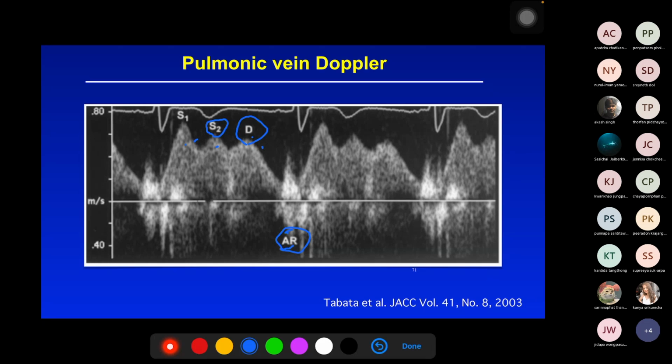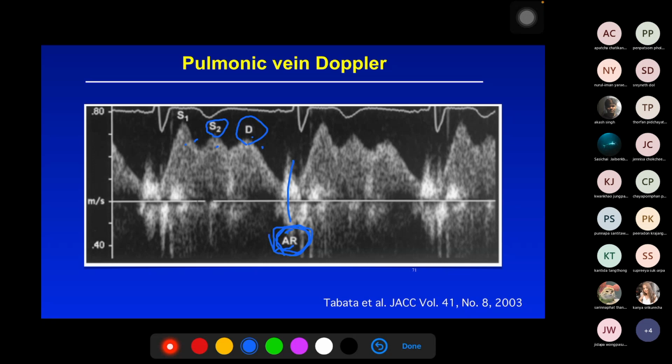This occurs during the atrial contraction. When the atrium contracts, blood is pushed out from the left atrium. Most of the blood goes to the left ventricle, and a little bit of blood goes back to the pulmonary vein. This is called the A reversal.